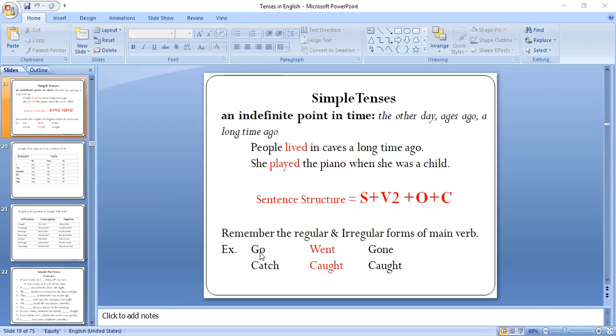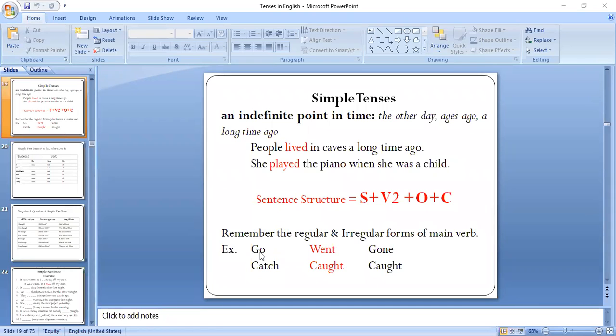Also, we have seen that there are regular verbs and irregular verbs. Regular verbs means the verbs having regularity in their form. If leave is a regular verb, how come?